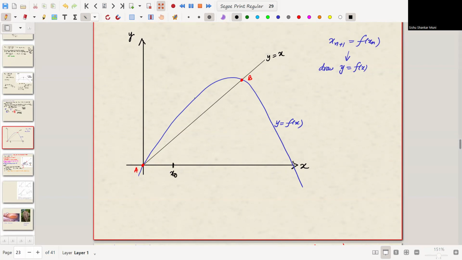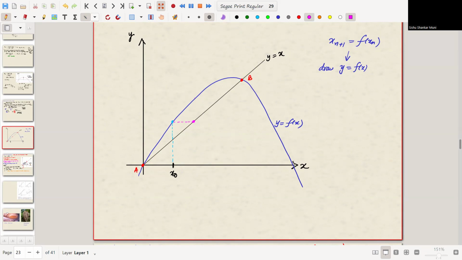Then move vertically upwards till you hit y equals f(x). Now move horizontally till you hit y equals x. This point. Again, you repeat it.